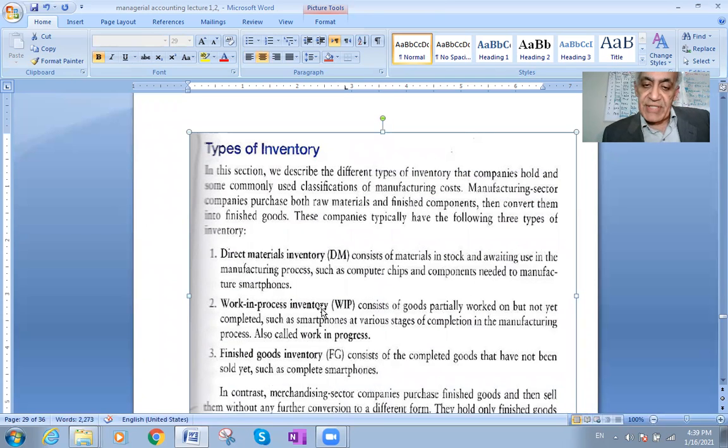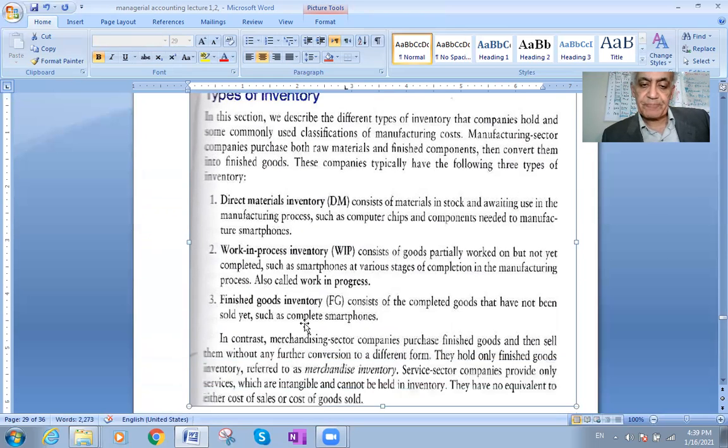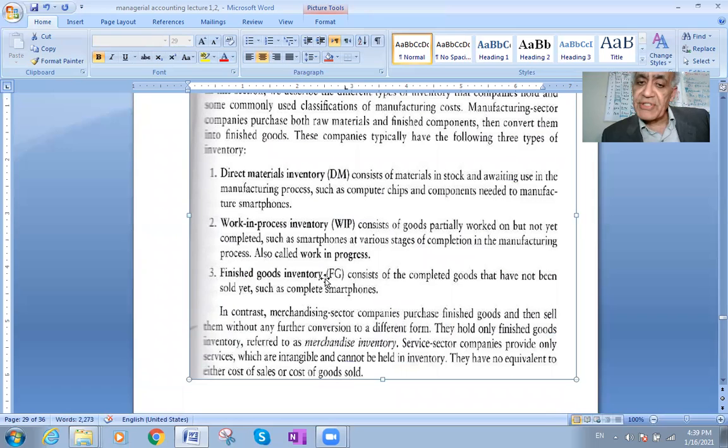Work in process inventory consists of goods partially worked on but not yet completed. So they are working on it, but it's not completed yet, such as computers or smartphones. Finished goods inventory consists of all completed goods that you are already done with.